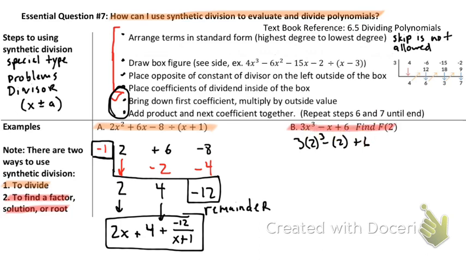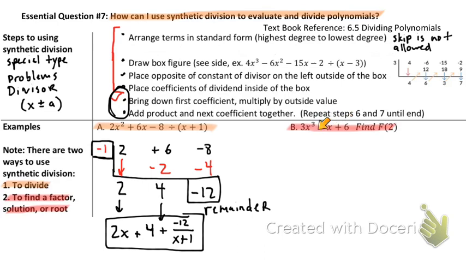The way we use this with synthetic division is by setting this up exactly how we did before. So the first thing I want to do is take my coefficients. We're going to set this up. I'm going to bring down all my coefficients. But remember, I cannot skip power. So if you look, I have a power of 3, power of 1, and then none.